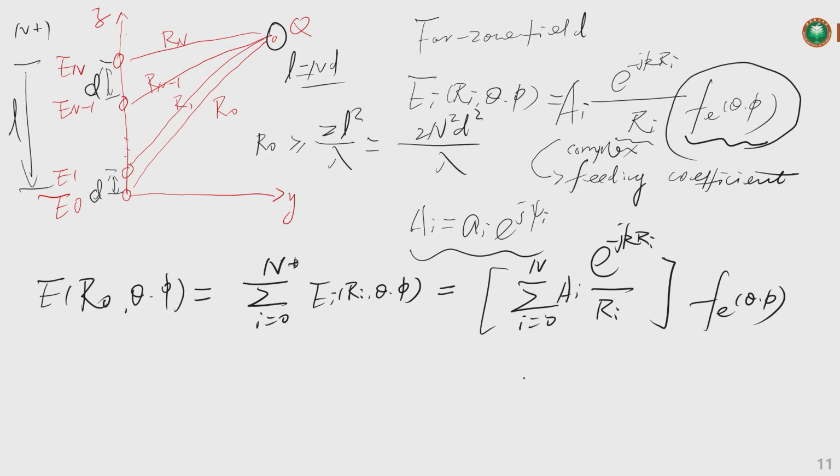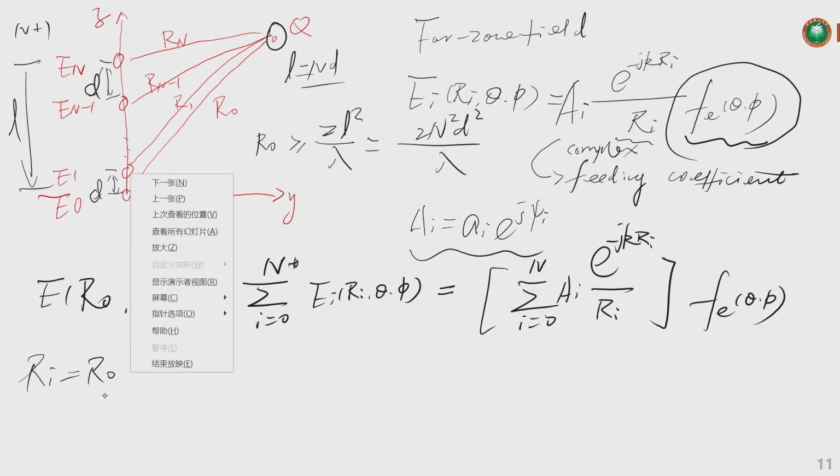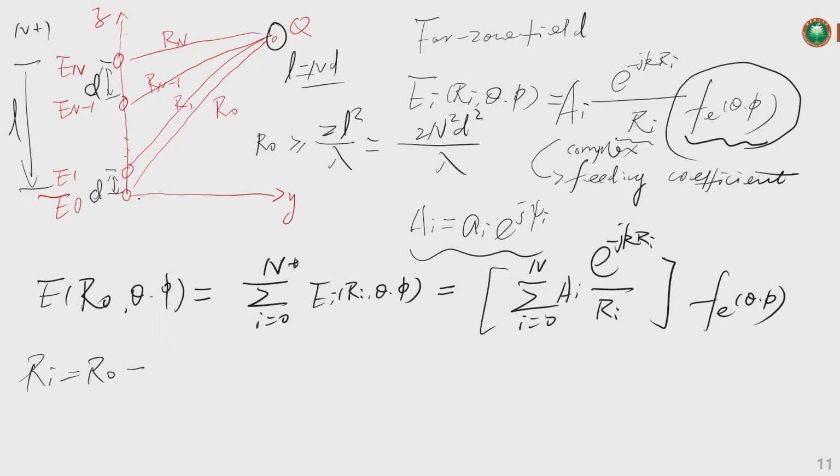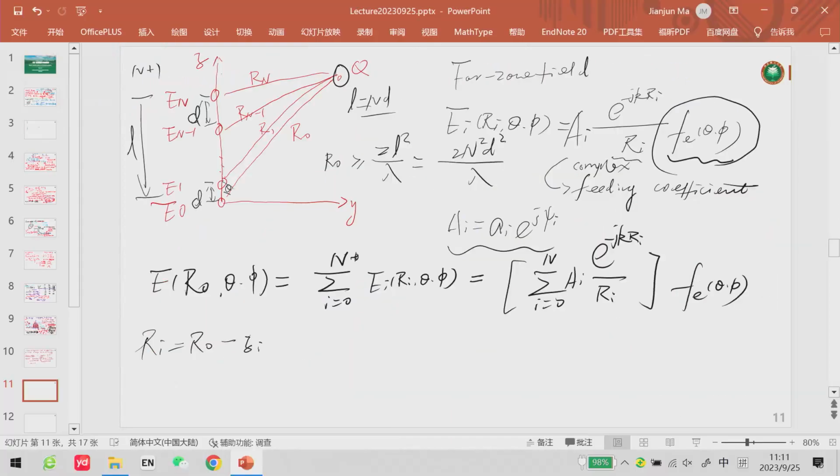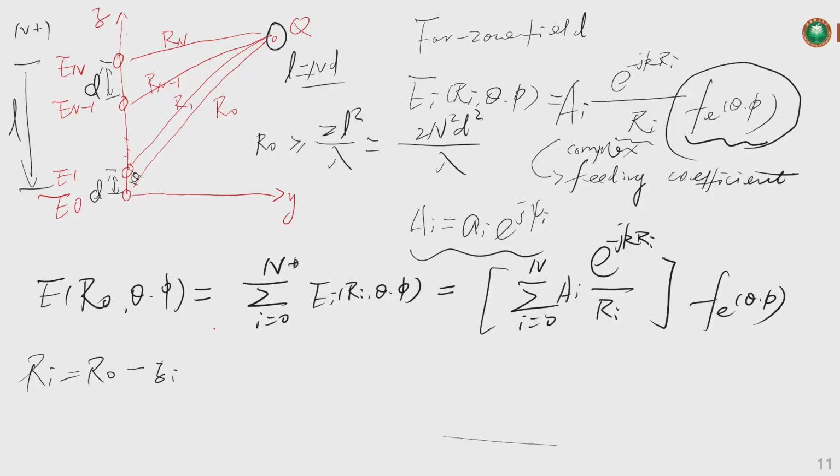For the ith element, R_i can be expressed as R node minus the path difference times cosine theta.